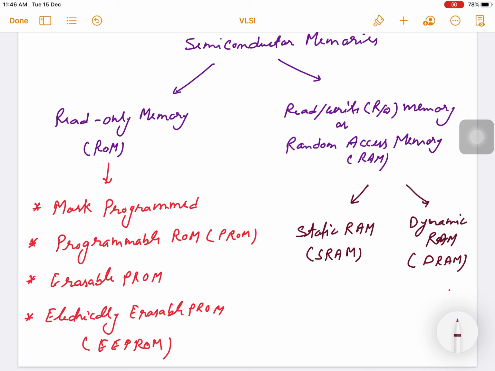So, these are the categories of semiconductor memories.